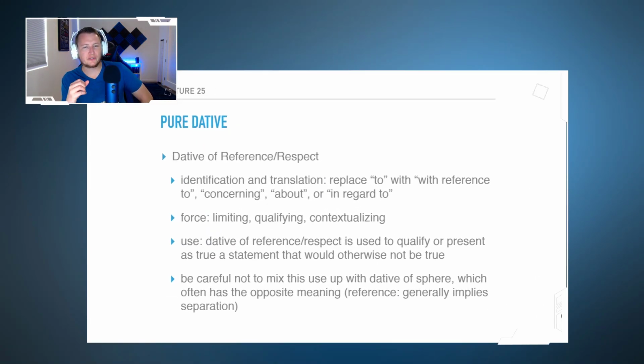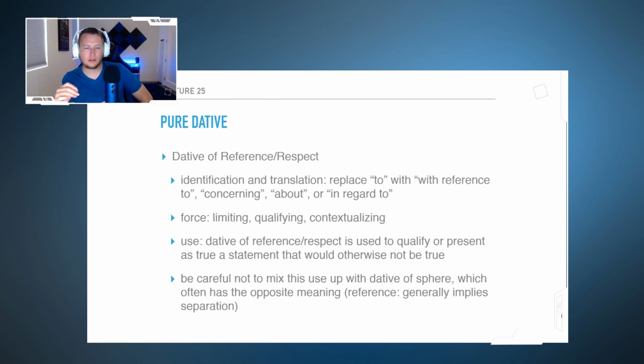Also, for pure dative, there's a dative of reference or respect. The identification and translation of this is simply to replace "to" with "with reference to," "concerning," "about," or "in regard to." So the force is limiting or qualifying or contextualizing.